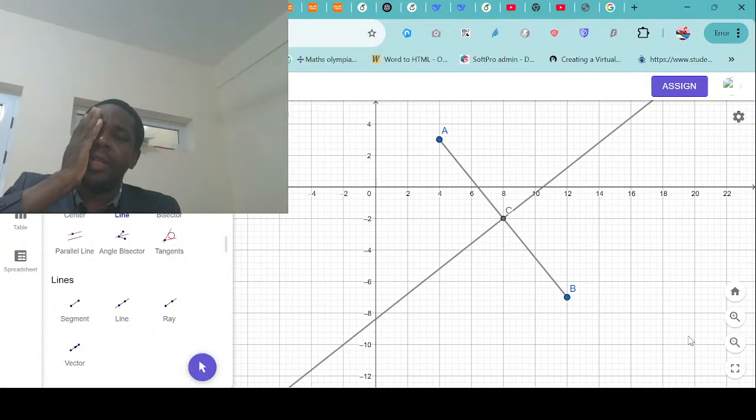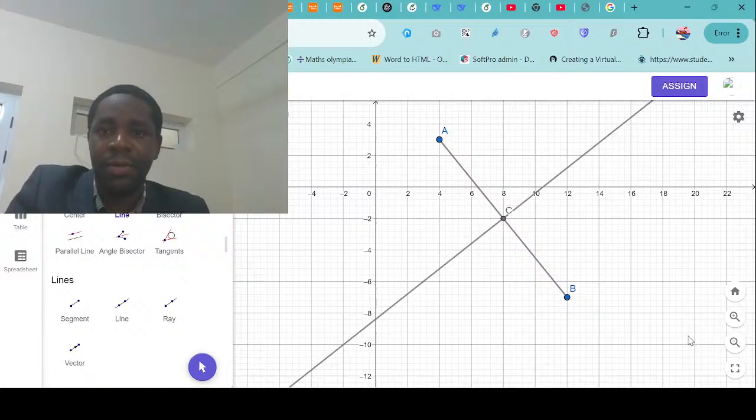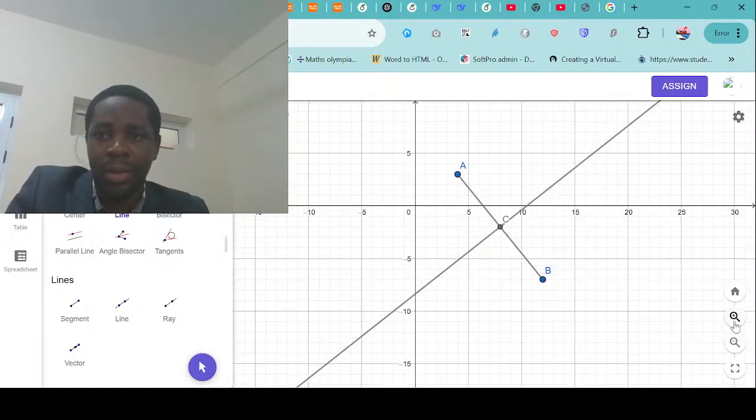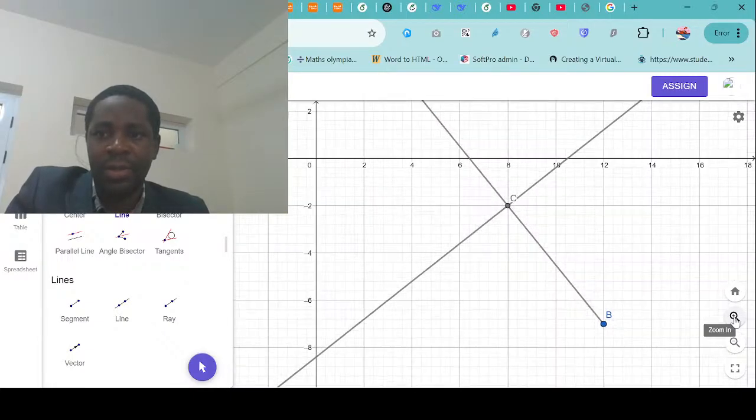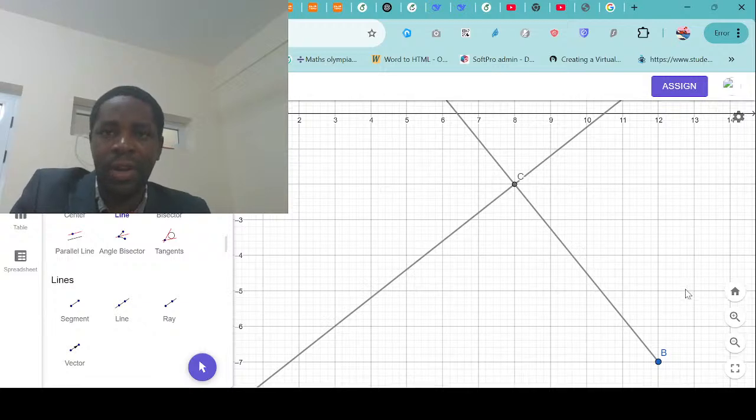So the next thing they said that 5, 12, there's another line parallel to it. So let's get the 5, 12. So I have to zoom this thing out a bit. Okay, that's actually 5. Let me zoom this. So 5, 12.